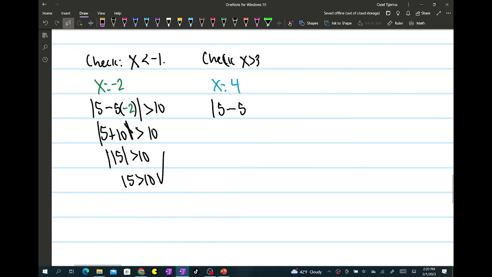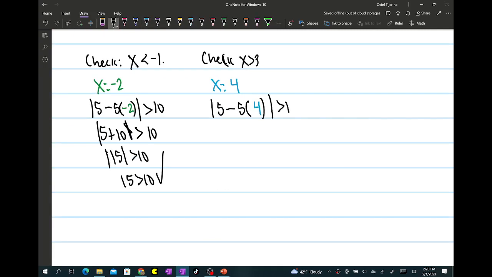So the absolute value of 5 minus 5 times 4 is greater than 10. Then the absolute value of 5 minus 20 is greater than 10. That gives me the absolute value of -15 is greater than 10, and that'll be 15 is greater than 10, right?